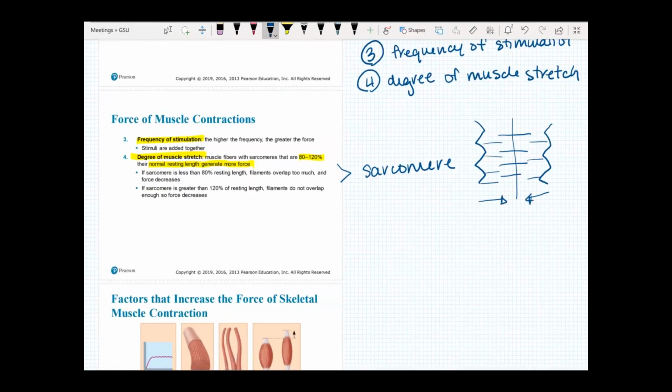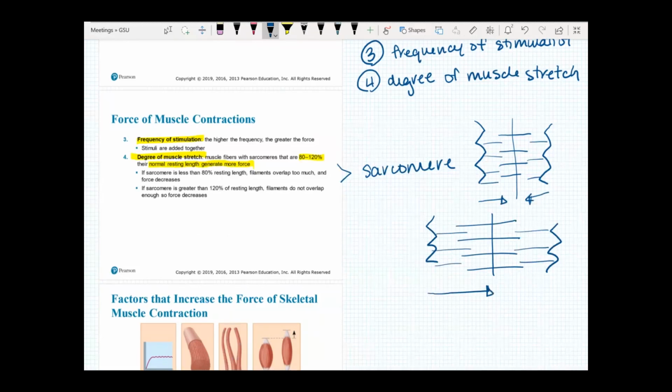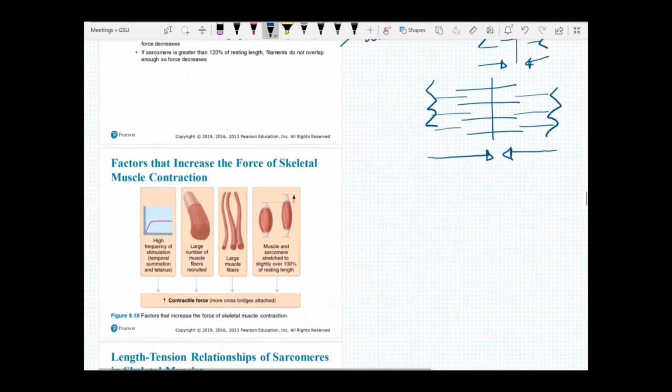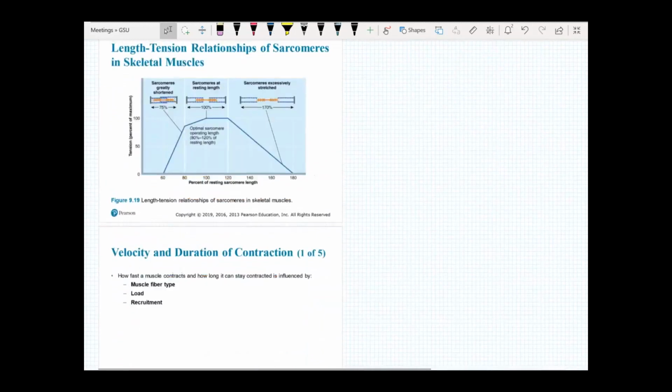But if we have our Z lines this far apart, and it's the same premise, but they're attached like this, we can shorten this much. So that's what that means by the degree of muscle stretch. So looking at these right here.